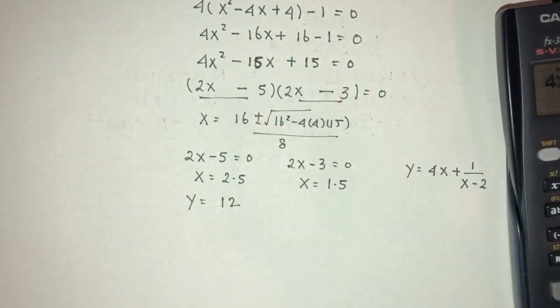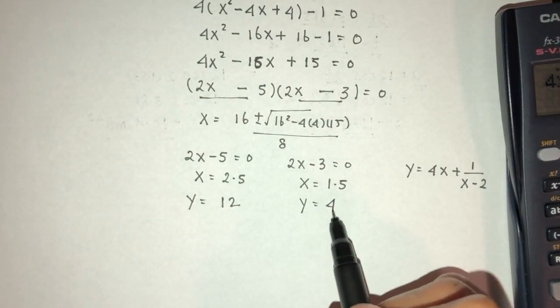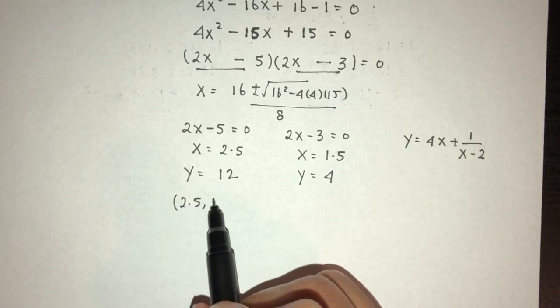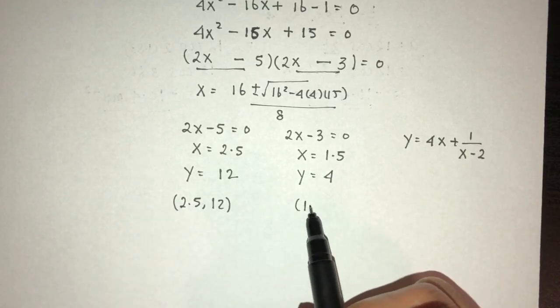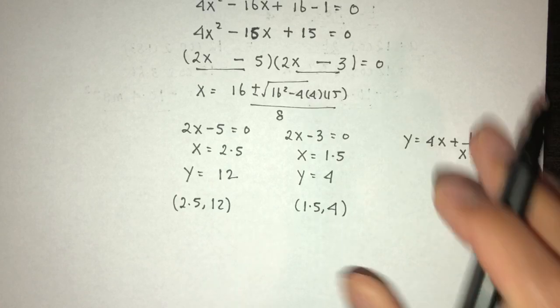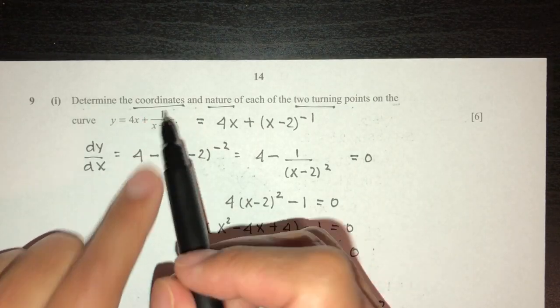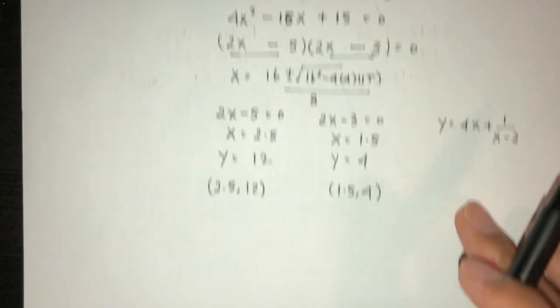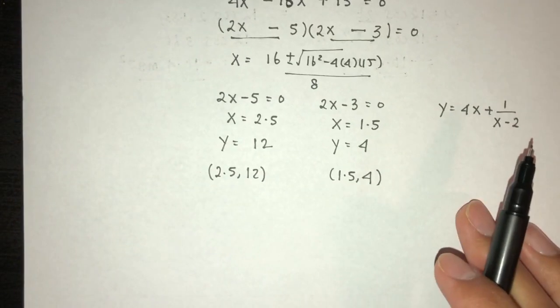That will be 4. So y is 4. So here we have 2 points. The first point is 2.5 and 12, and we have 1.5 and 4. So we completed the first part of the question. Now we have to find the nature of these points. So to find the nature, we have to find d2y by dx2.